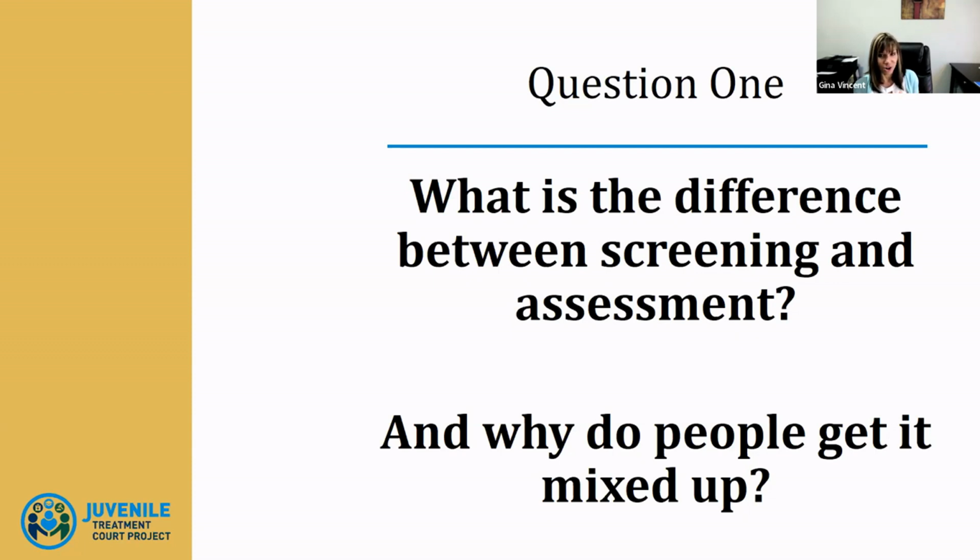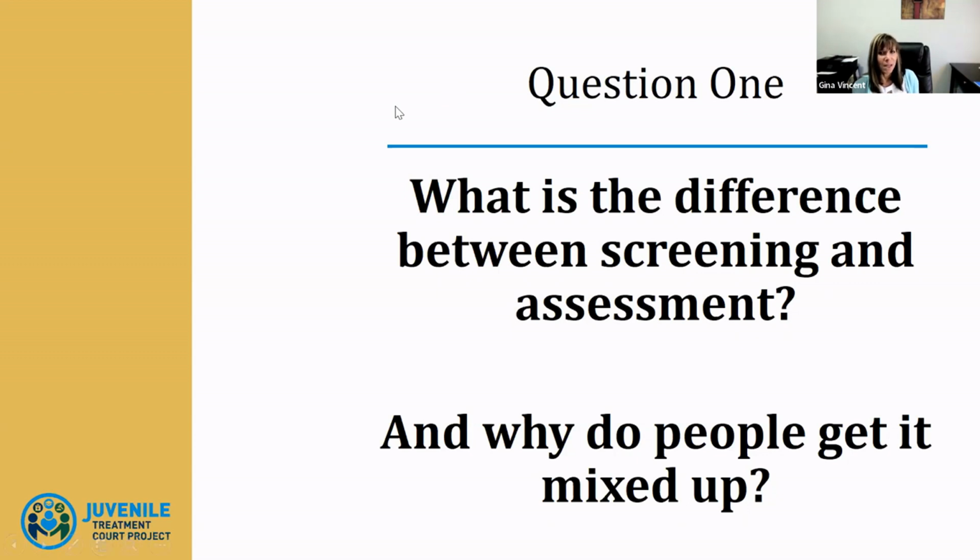But it also depends on the point at which you're doing these things. If you're doing something pre-adjudication, it's often much better to do a screening tool first and only assess kids who screen in as moderate to high risk or move past a certain point. And there's a lot of reasons for that: concerns about self-incrimination, concerns about time, resources, and so on and so forth.